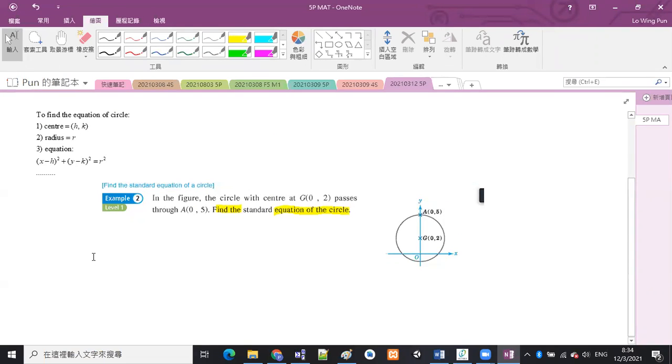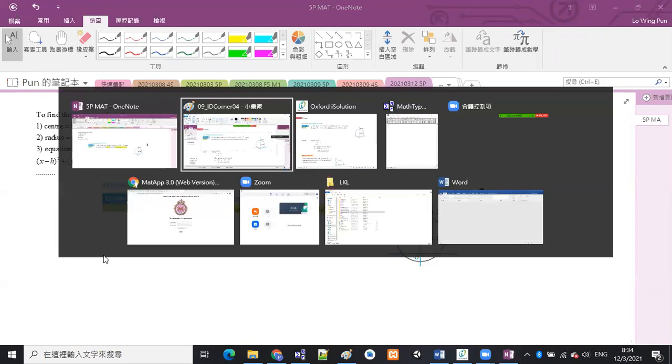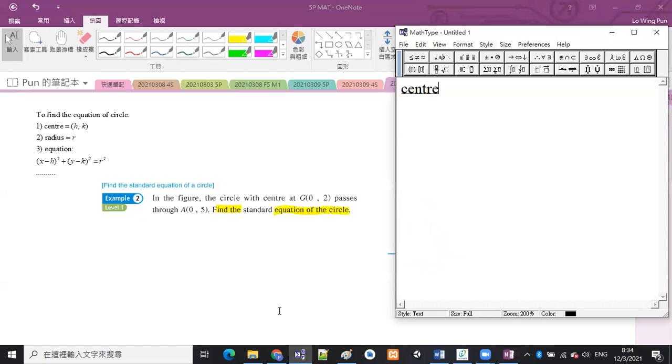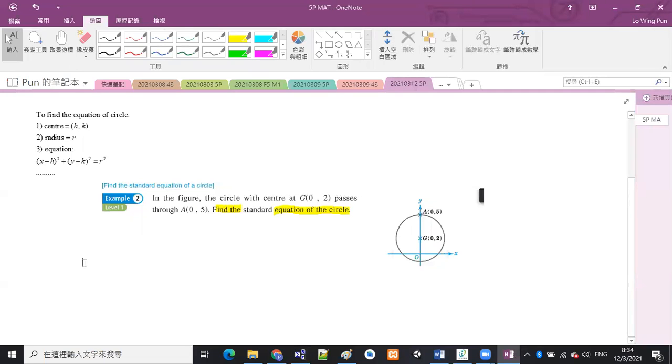Okay, so now do we have the center? Yes, we have the center being (0, 2) this time. Do we have the radius? No. The question did not give us the radius of the circle directly, so we need to find the radius ourselves.